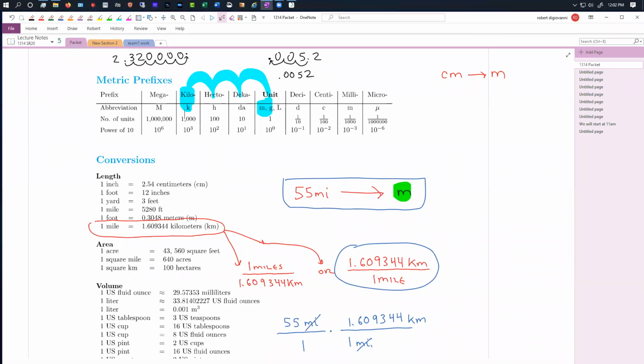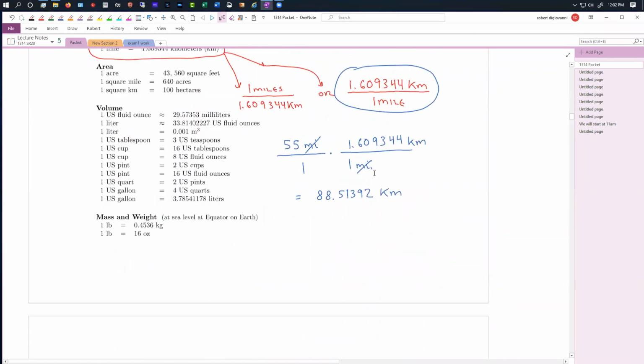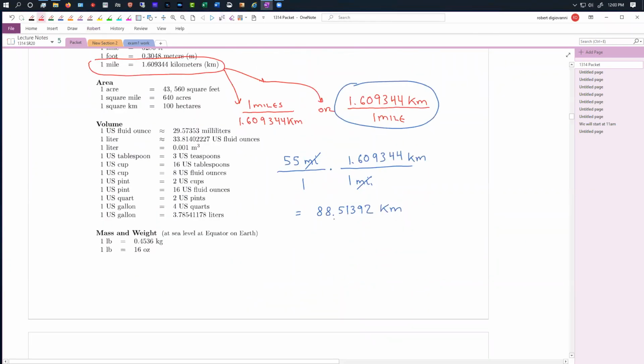Okay, so 3 places to the right and we'll be done. So I'm just going to go 1, 2, 3. So we get 8,513.92 meters. Here we are. That's it.